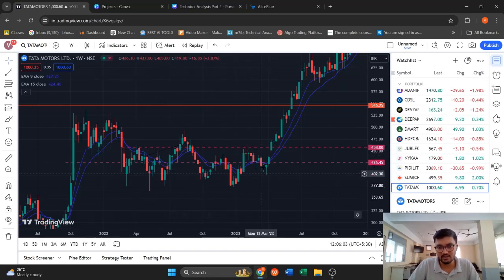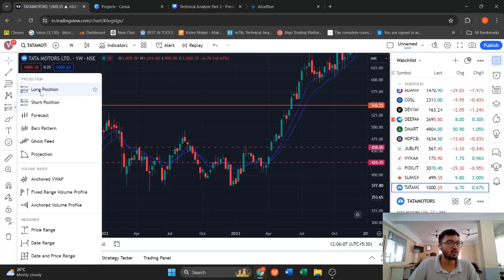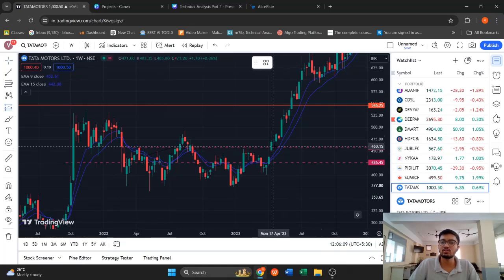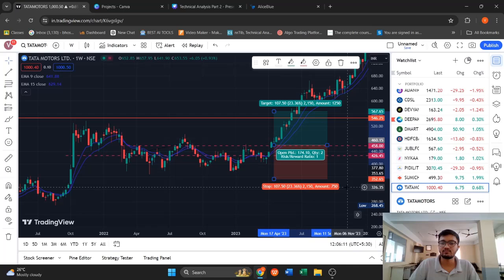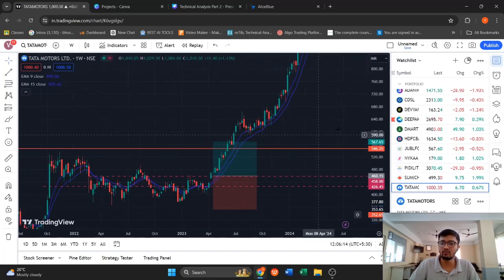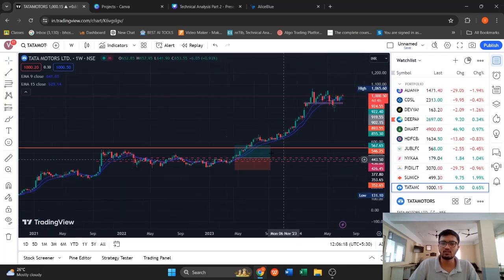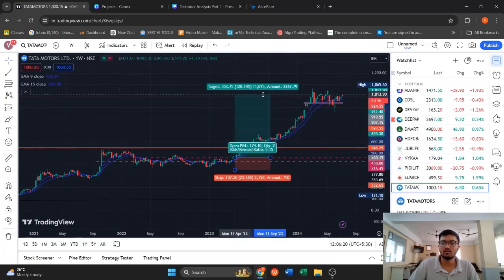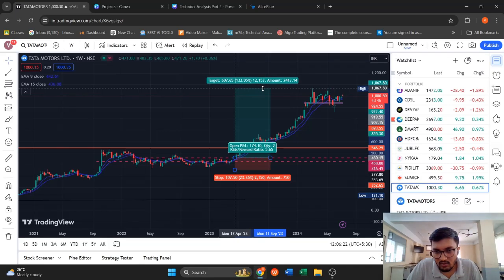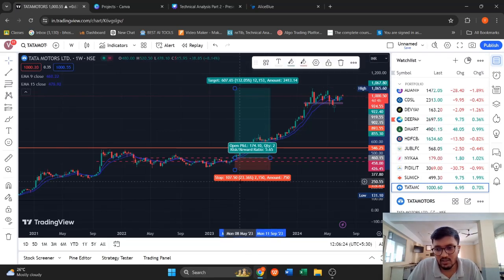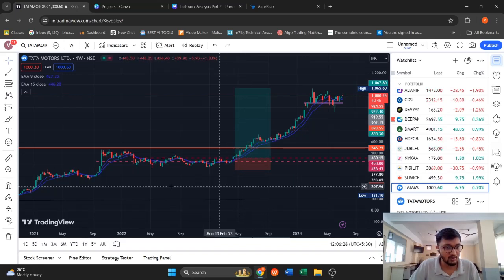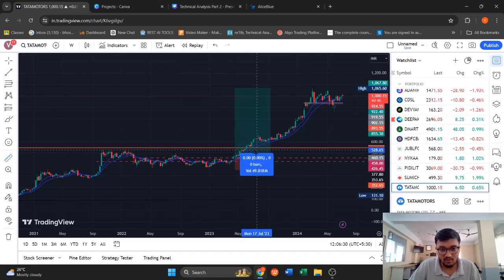The stock was in range and it broke the resistance, and you would have taken a long position on Tata Motors, bought it and held this stock, and obviously the returns are quite good. It went up almost 600 rupees from that point. Damn, wow. I'll just look at the scale of this.